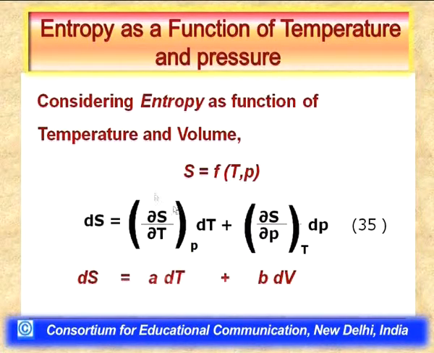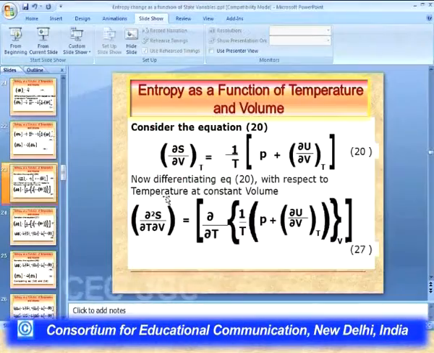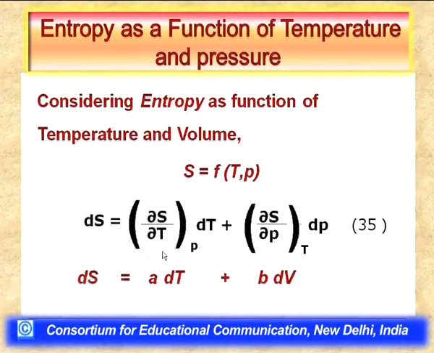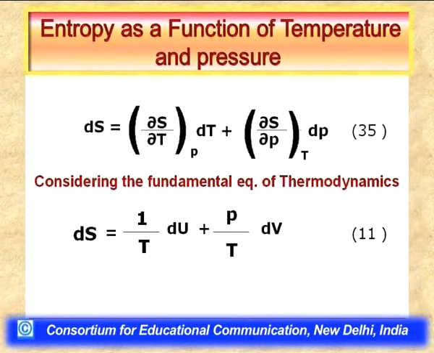Now, in the same manner as we did for the earlier expression, that is, the entropy change in terms of temperature and volume change, we can determine these differential coefficients. Again, we need to find some equation which relates these to differential coefficients whose values we can evaluate experimentally, and then determine the entropy change.